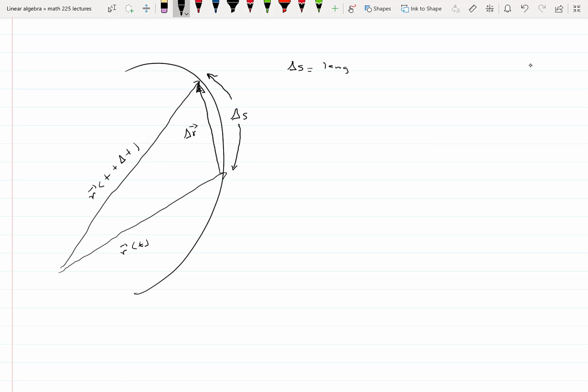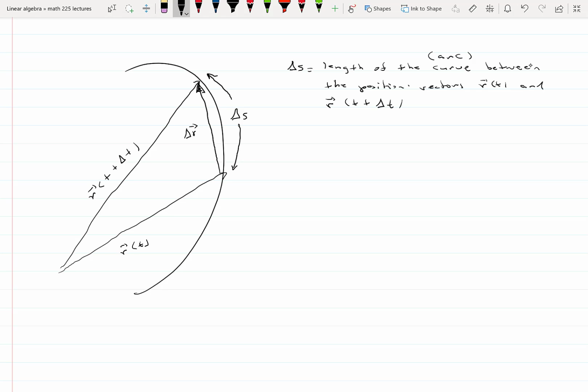We're letting delta s equal the length of the curve between, and very often we call that portion of the curve the arc, the length of the curve between the position vectors r of t and r of t plus a little time later.